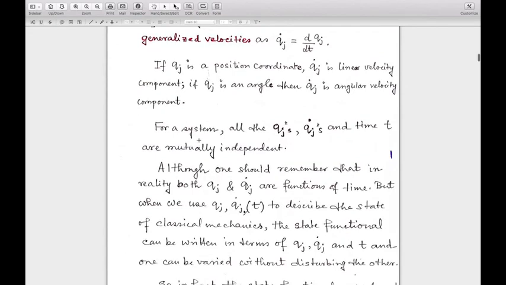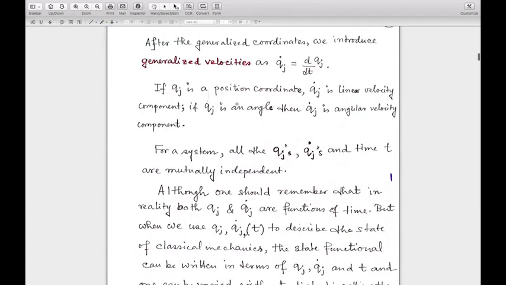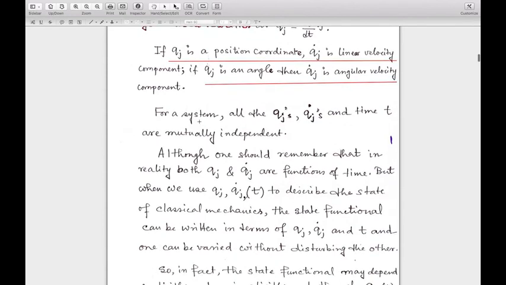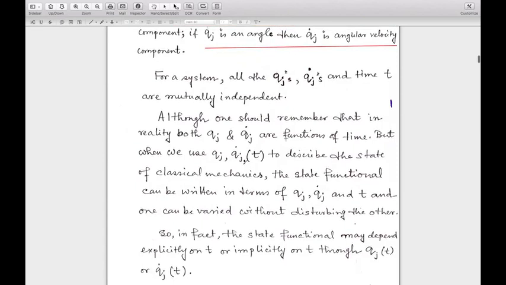Now for a system, let me underline this point: if q_j is a position coordinate, then q_j dot will be the normal velocity, and if q_j is an angle, then q_j dot will be angular velocity. Now for a system, all these q_j's, q_j dots and time are mutually independent by construction. That you have to understand.